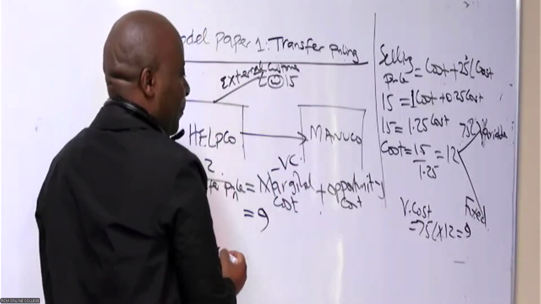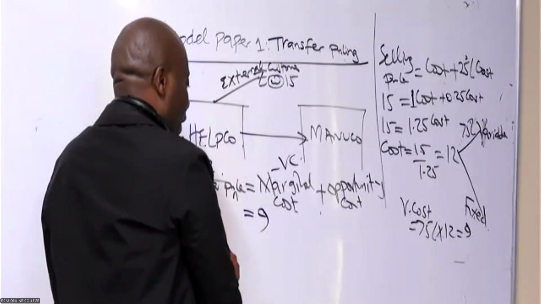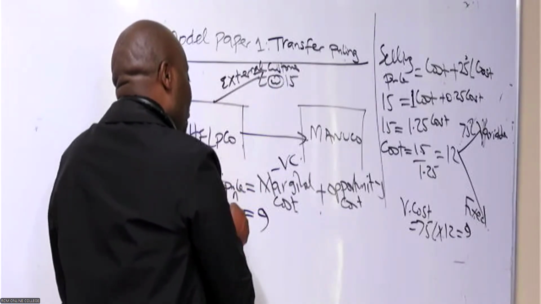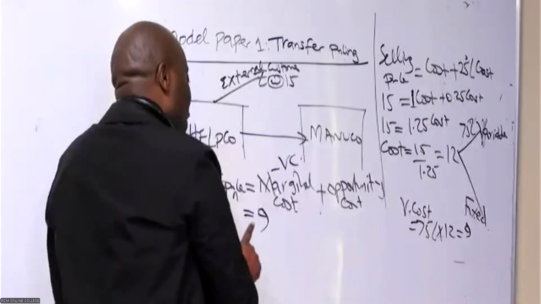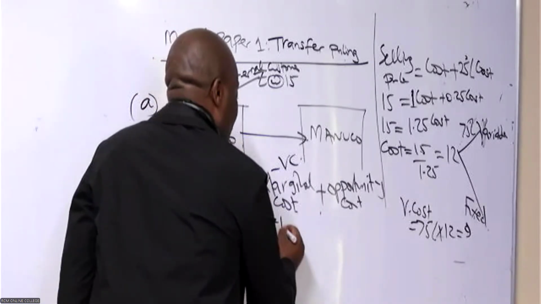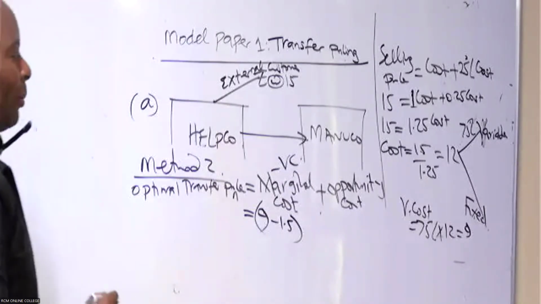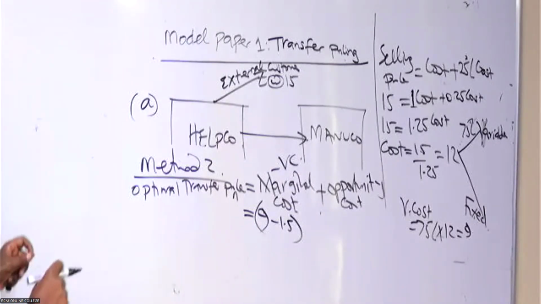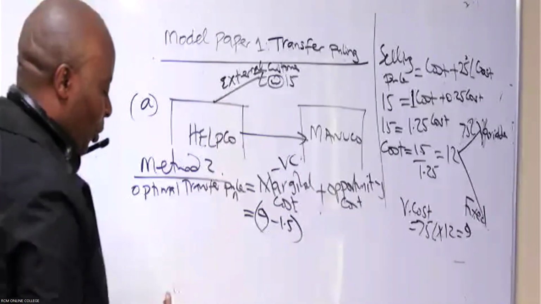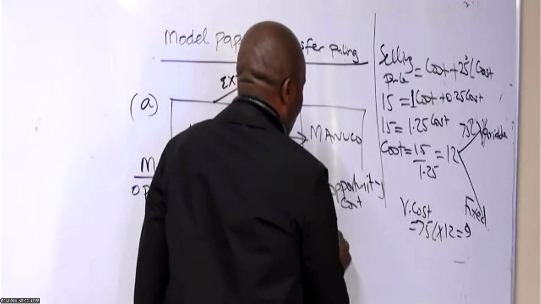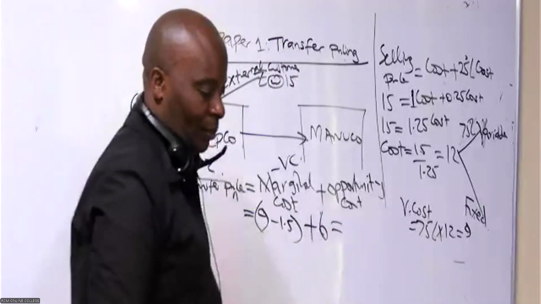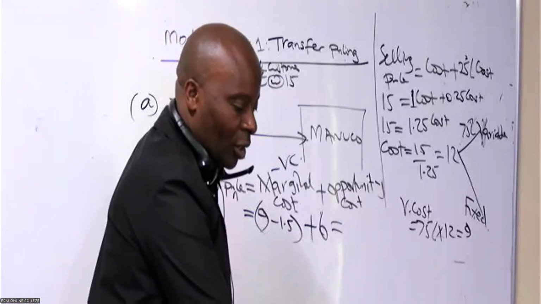But now remember, we are producing this for our internal market, so we shall be able to save the packaging cost, plus now the opportunity cost of 6.